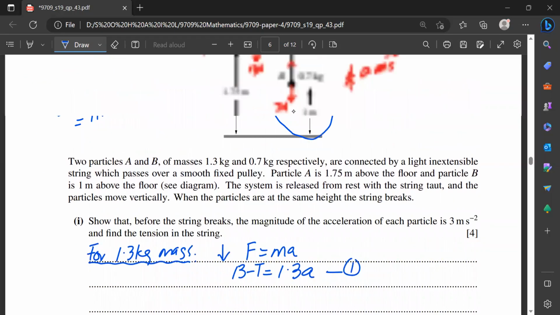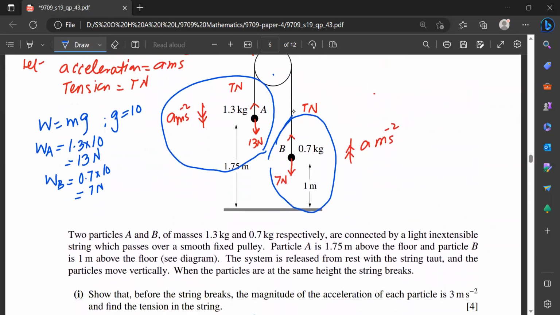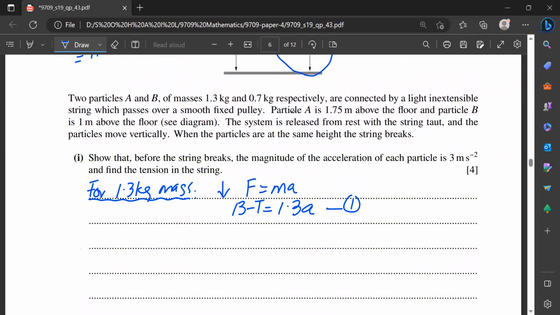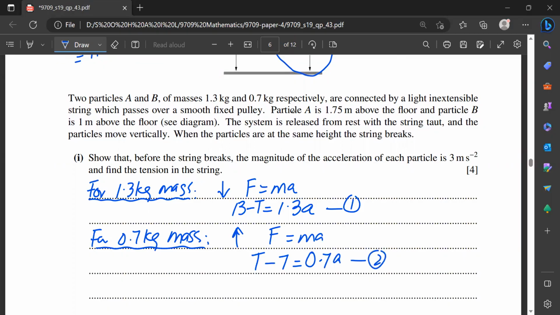The second particle is moving up, so the force in the direction of motion is T minus 7. For this other particle, which is 0.7 kilogram, again F equals ma: T minus 7 equals 0.7 A. Equation 2.